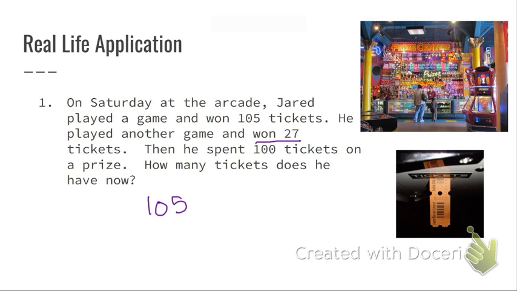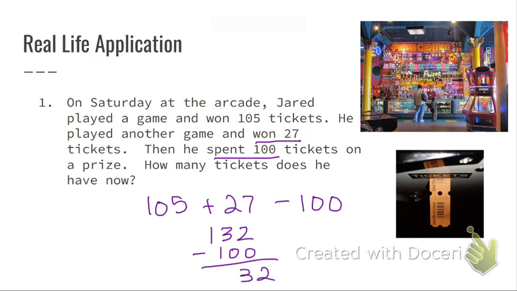He won 27. Then he spent 100. So I could think of that as minus 100 or plus -100. But he had 132. He spent 100. So he now has 32 tickets.